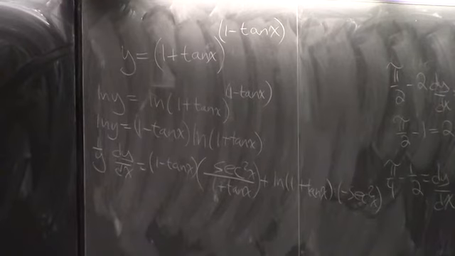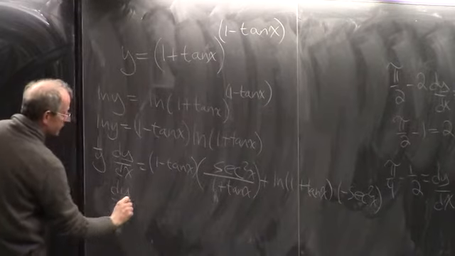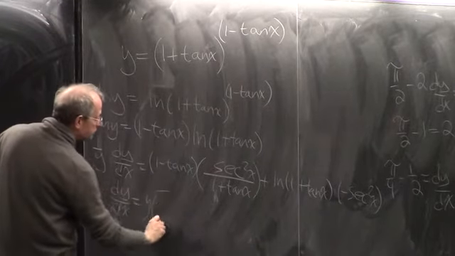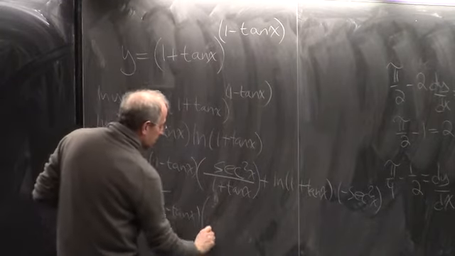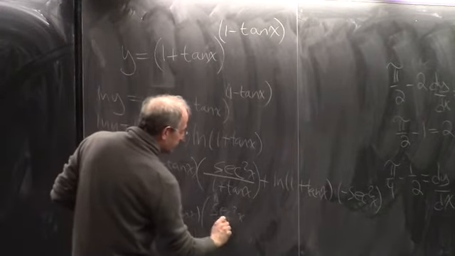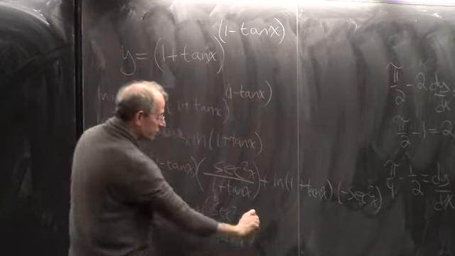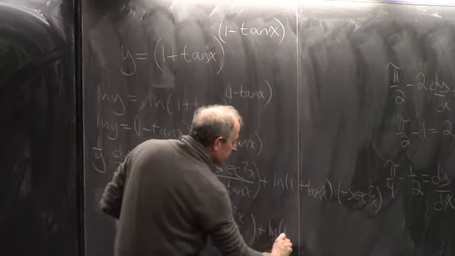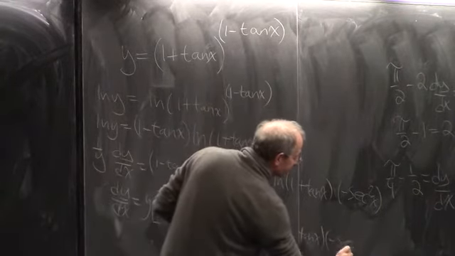Okay? How do we do on this so far? Good, bad, medium? Okay, put y back. y times [(1 minus tan x) secant squared x over (1 plus tan x) plus log of 1 plus tan x times minus secant squared x].